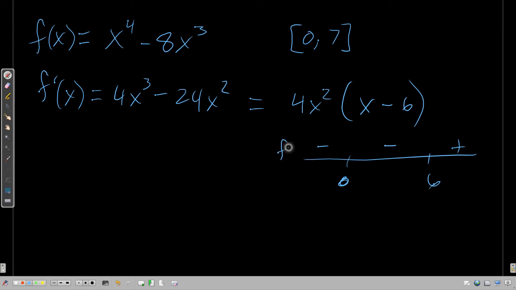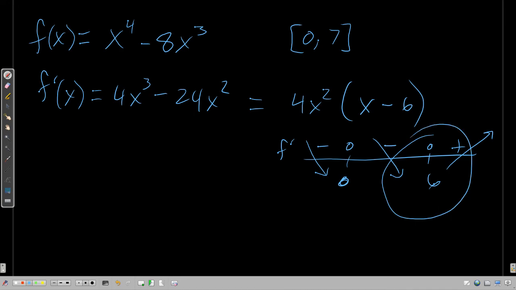This is the sign chart for f prime. Alright, so I know the function is decreasing and decreasing, then increasing. It made a 0 here, it made a 0 here, so I can see my local minimum right there at 6. I can see that local minimum.